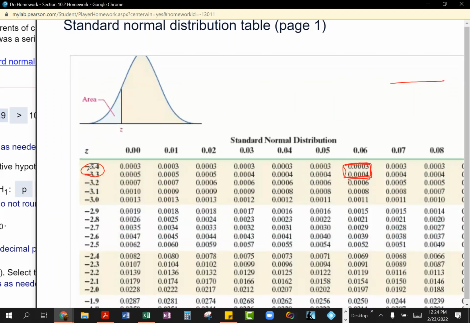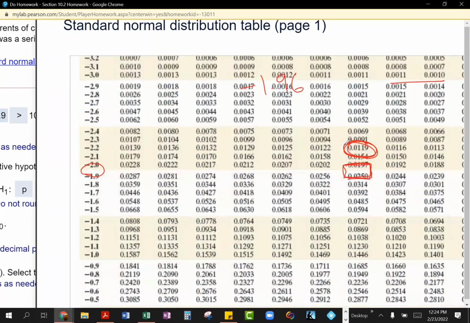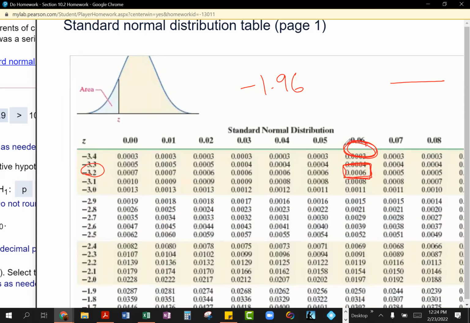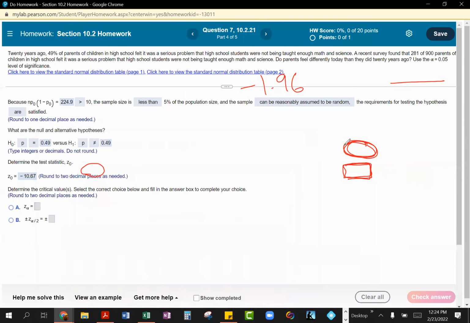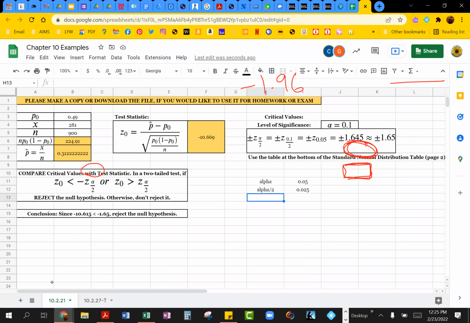And this will actually correspond to 0.06 for this column over here where you have the 0.02. Okay, so that's how we're using this table over here. So you will actually do plus or minus 1.96.